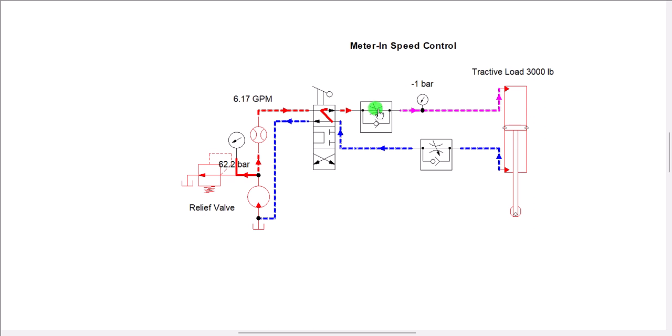And that could lead to undesired results. Also, during the descent, if you notice, the rod side of the piston, so the fluid under the piston, is connected directly to the tank, which sets the pressure of this fluid under the piston to 0.